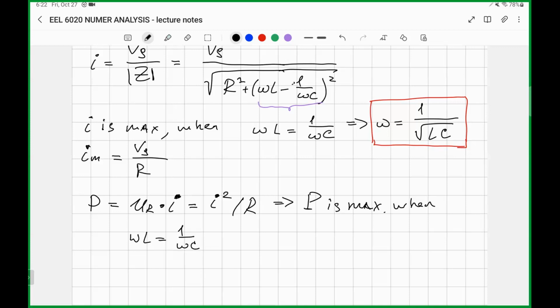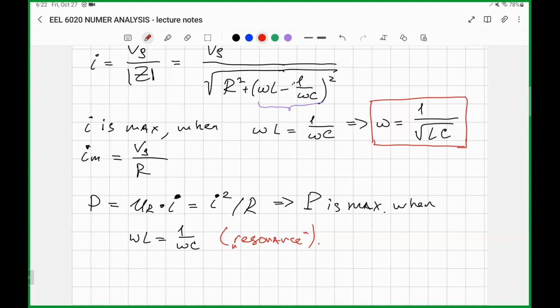So, or in the resonant case, resonance. So this is the manifestation of a resonance. At resonance, the reactive parts compensate each other.